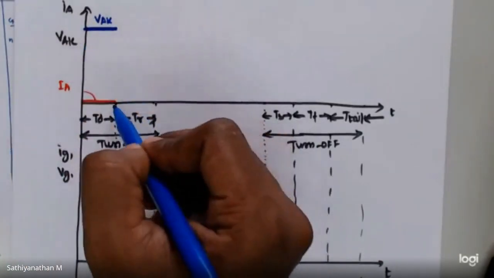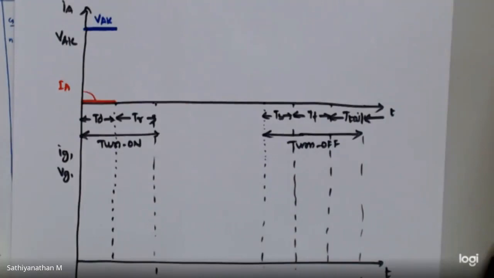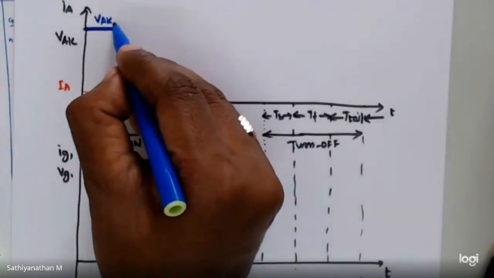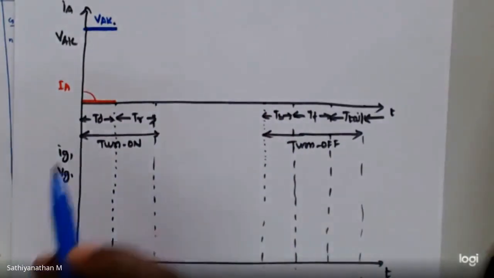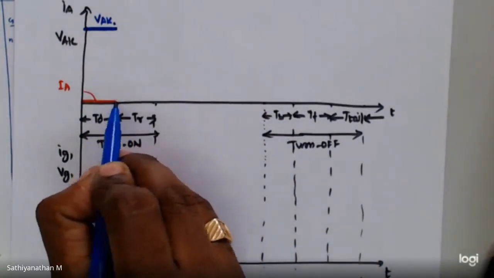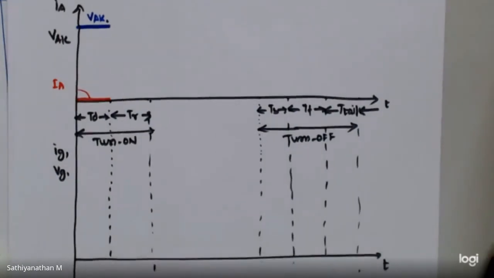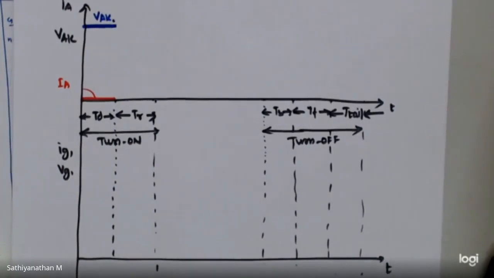So when the device is off, you are having a maximum anode cathode voltage across the device, and when you apply a gate pulse, it takes some time to excite the electrons and holes in the junctions J1 and J2 to make the device conduct.